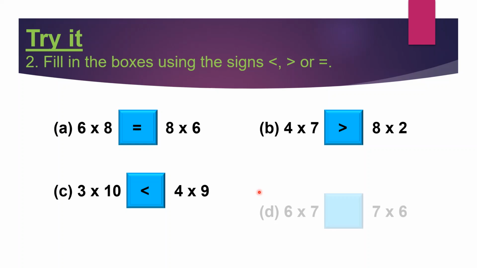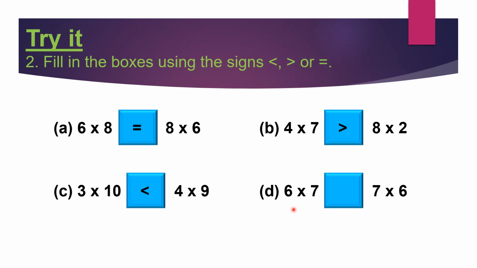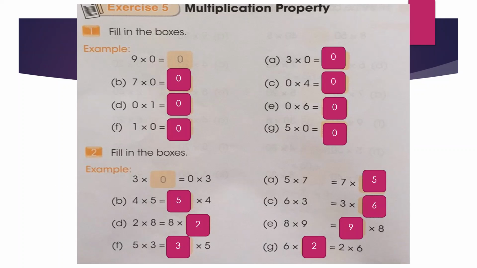Okay, letter D. 6 times 7 blank 7 times 6. So that means this is equal. Question? So we have here, okay, this one from your workbook, multiplication property.